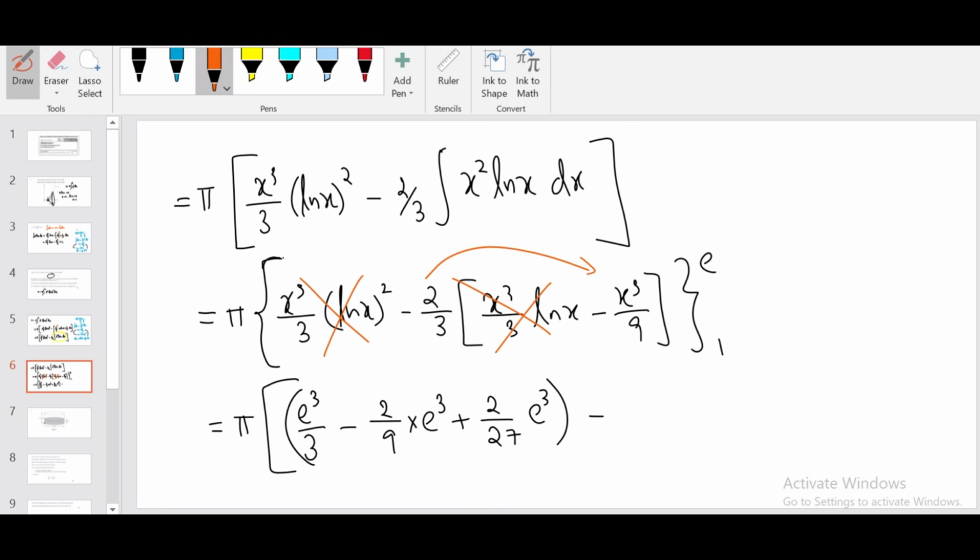You multiply these two, you will get positive 2 over 27. That's all.